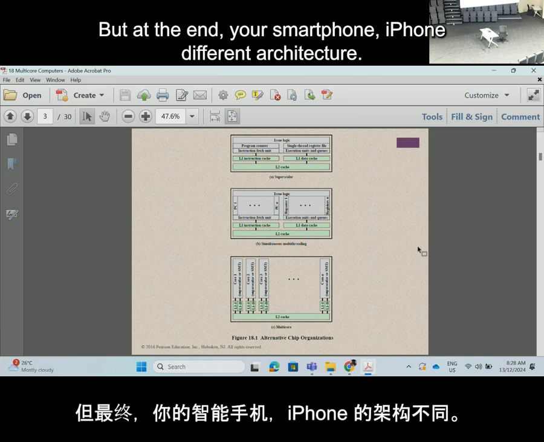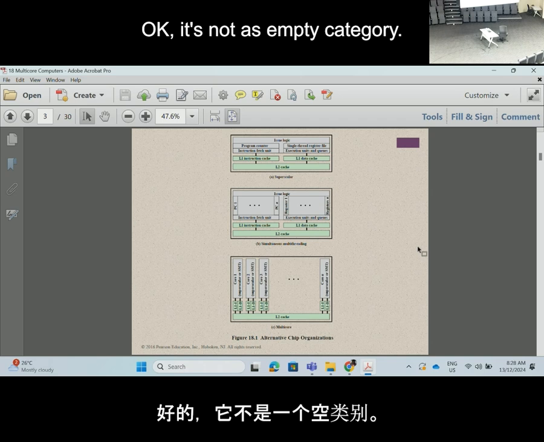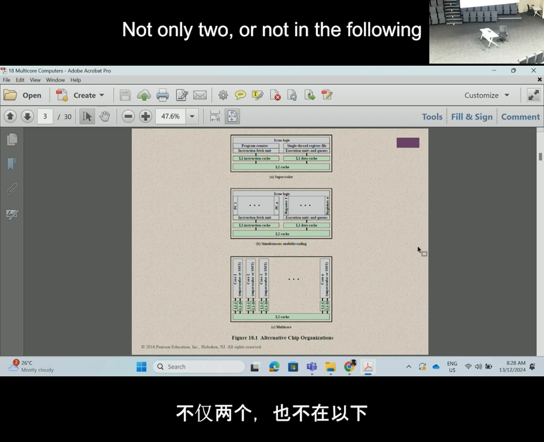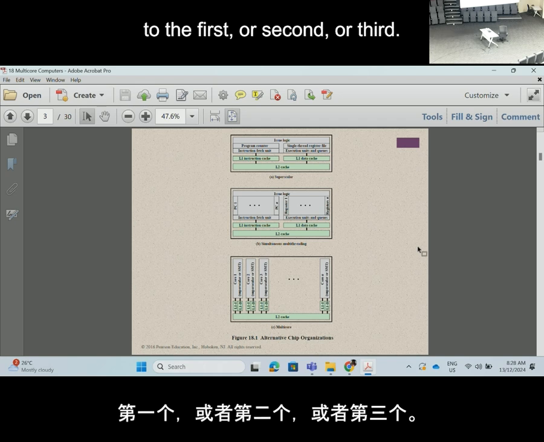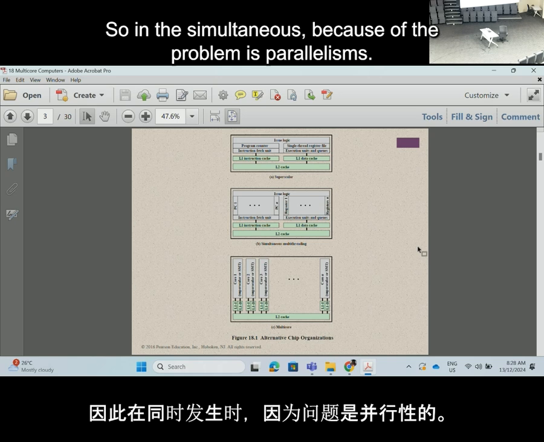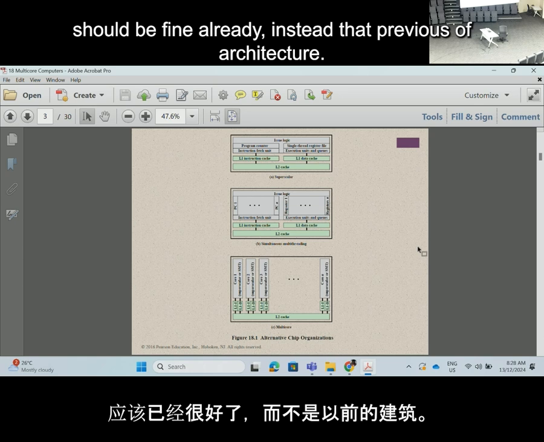But at the end, your smartphone, the iPhone, has a different architecture, it is not this B category. It is not an SMT category. The iPhone is actually a combination of these 3 categories, not only 2, and not falling into just the first, second or third. So in simultaneous, the problem is parallelism, with more processors, and multiple pipelines should be fine already, compared to the previous architecture.